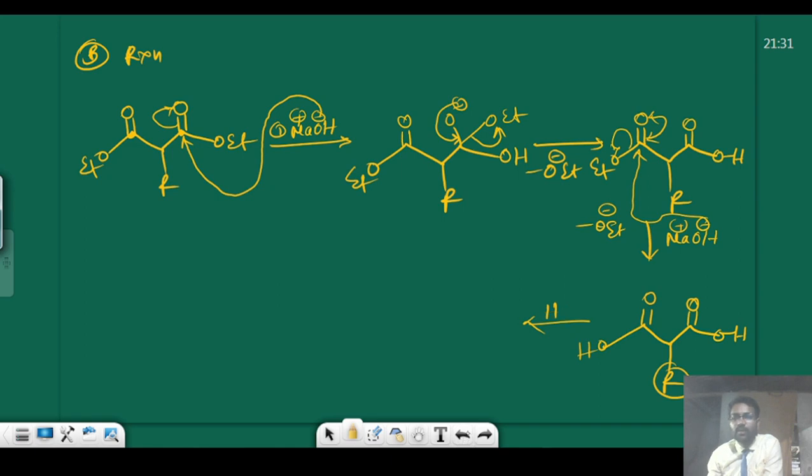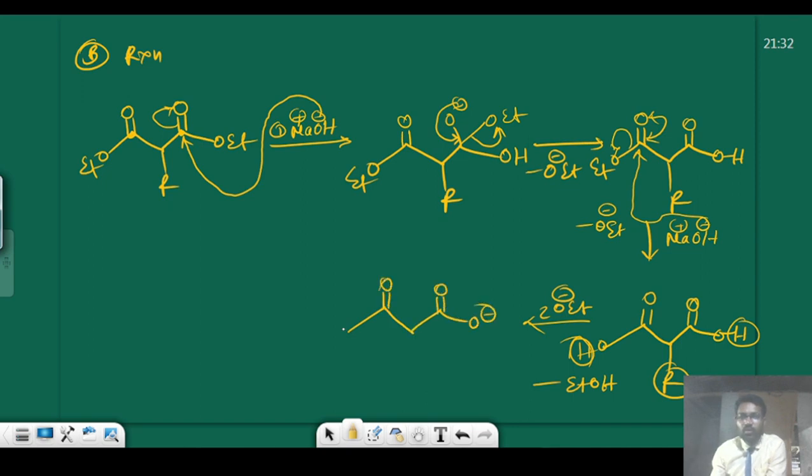Again the base, these two ethoxide ions, will abstract both protons and leave as EtOH, and there is a formation of C double bond O, O minus, C double bond O, O minus. Na plus will come over here also. This is the substitution we did.